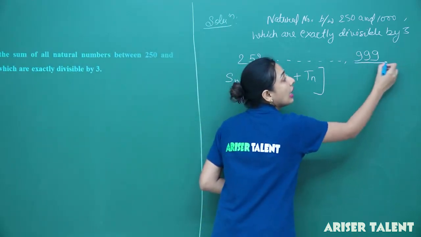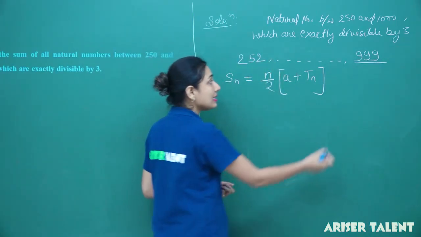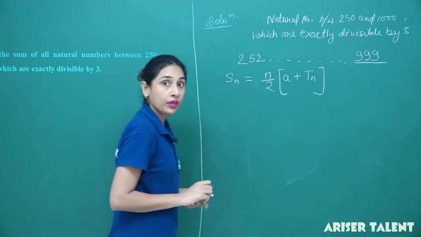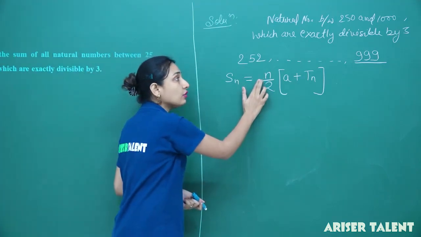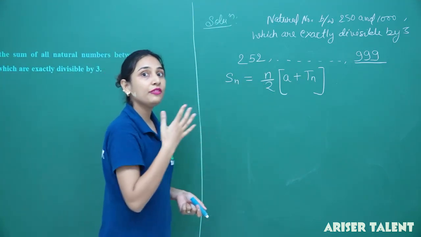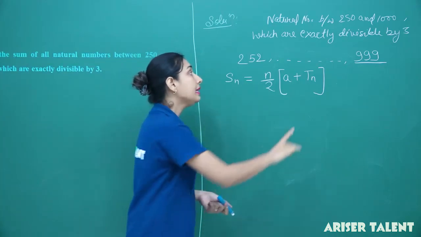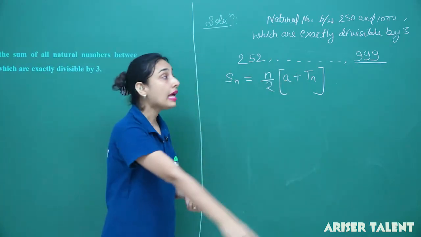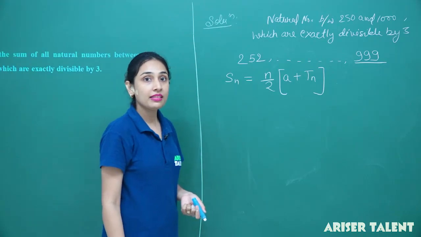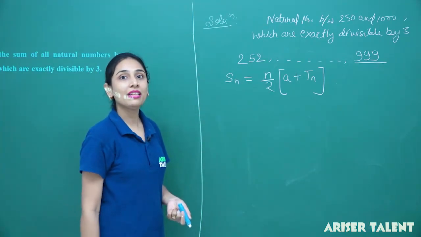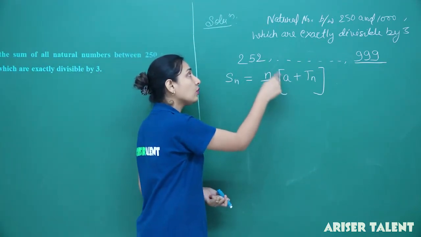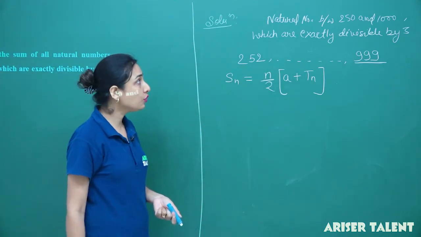So n is the number of terms that we have not known. Tn is our last term, which we found by investigating the divisible by 3 condition. Then a equals 252.